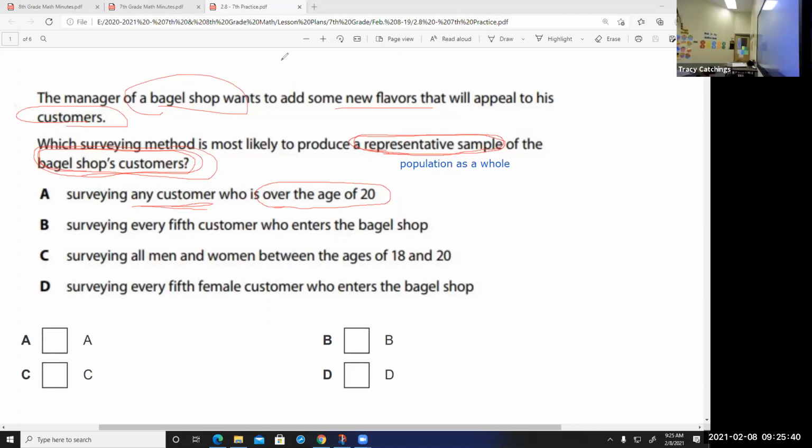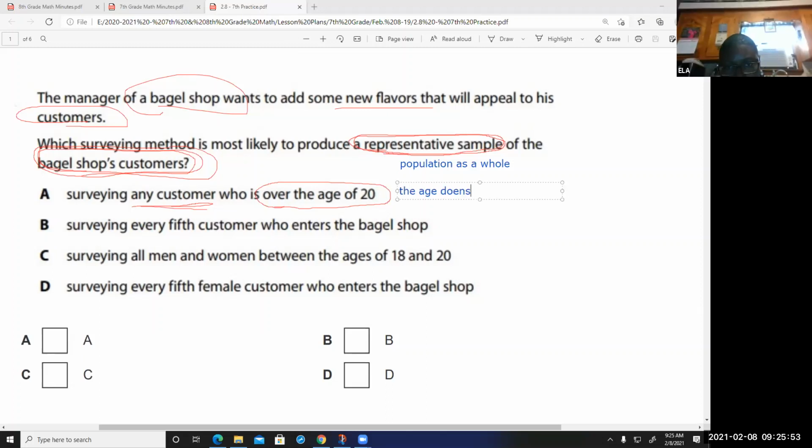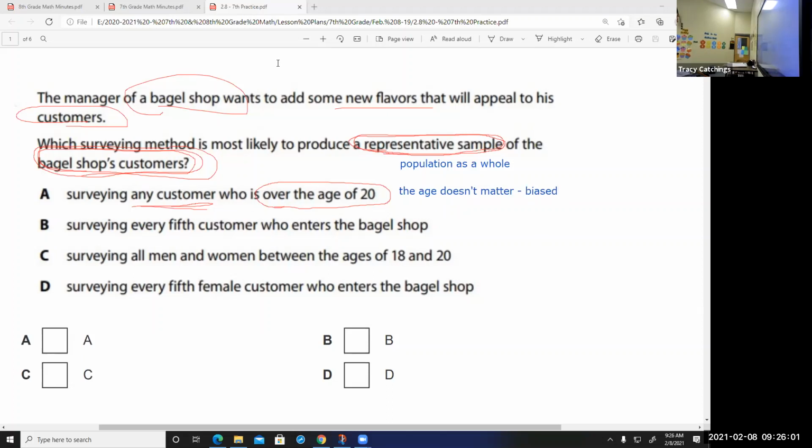All right, what did they tell us we were looking for? New flavors from who? The customers. Okay, does the age of the customer matter? No, ma'am. So that means this is not a representative sample, this is a biased sample. It's only talking about those over 20. What about those younger than 20?